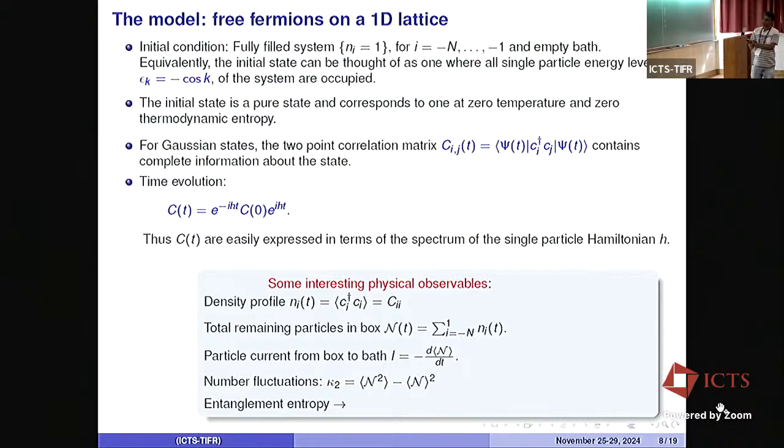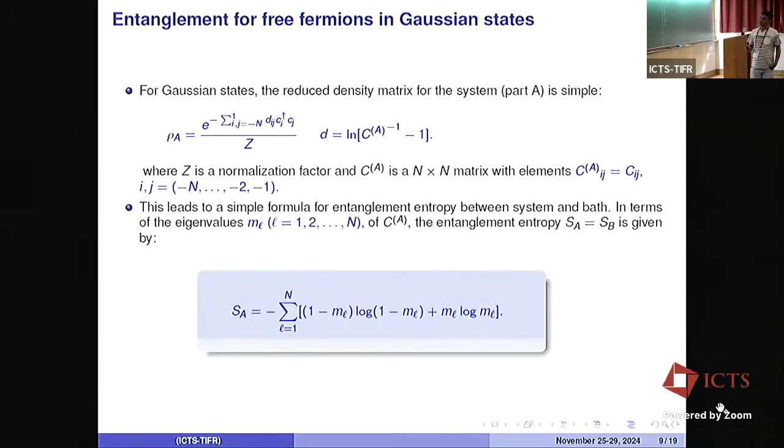The other thing we'll look at is, after some time, how many particles have escaped, and what are the fluctuations in the number of particles that have escaped. All these things can be computed from this correlation function. And even the entanglement entropy is contained in this correlation function.